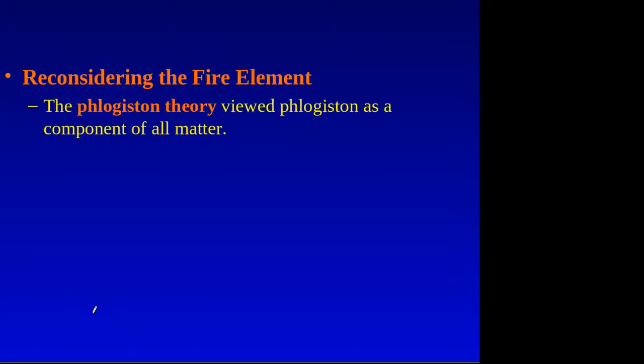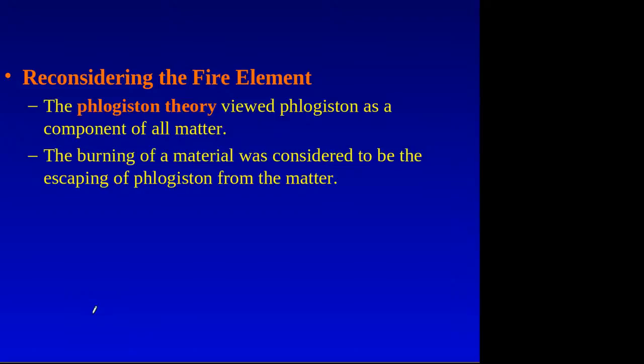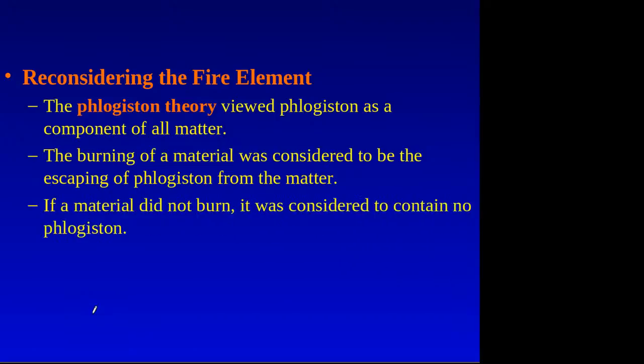And as we learn what chemical reactions involve fire and how fire is created, well, I think it's forgivable that the Greeks did think fire was part of everything, because they were tracking the energy that went about. And so they considered when you burned matter, you were releasing this thing from inside of it. And if you didn't burn, well, you didn't have any of this stuff.